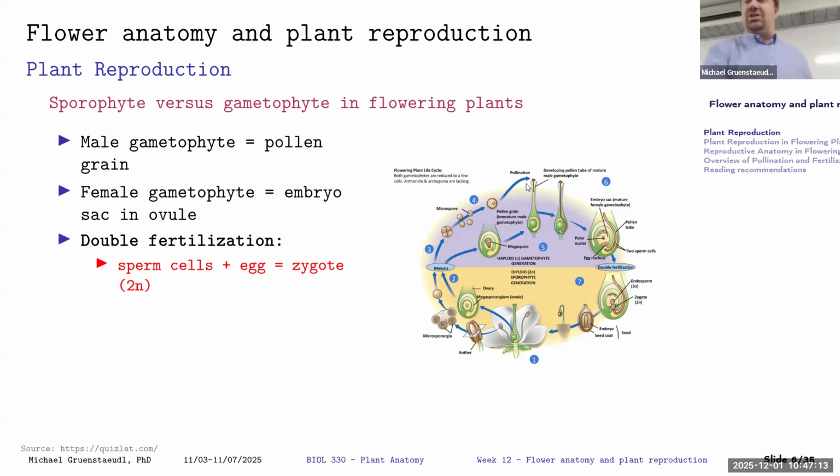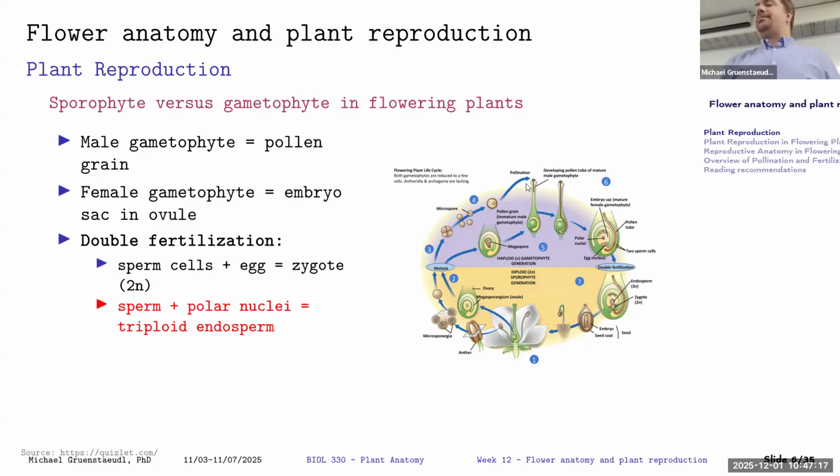There's a second fertilization going on where the second sperm cell nucleus fuses with one of the central polar nuclei, as we call them, to produce the endosperm, the nutrient-rich tissue that is surrounding the embryo in any seed. It's that double fertilization that is one of the things that makes flowering plants so effective. This is why they have spread across so many regions in the world.